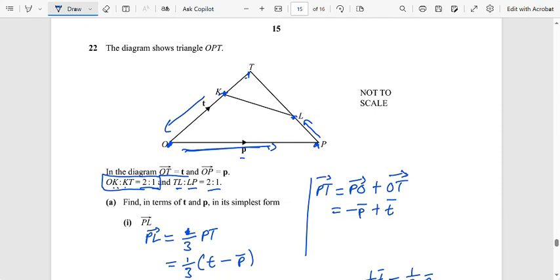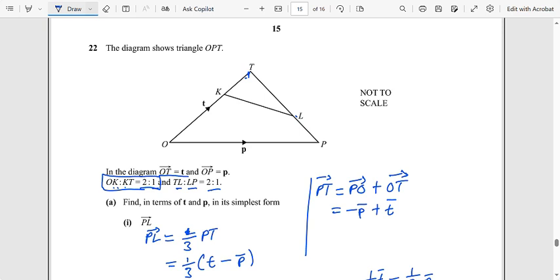So we are going to extend KL. So if we extend KL, we continue with the line KL, and we also continue with the line OP.